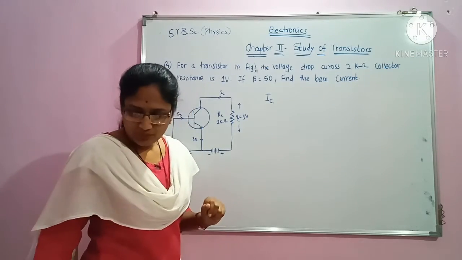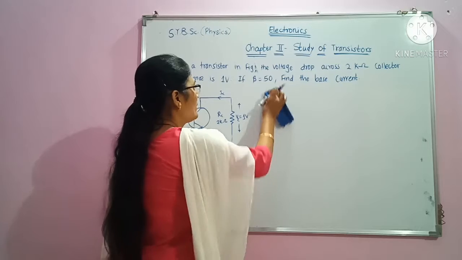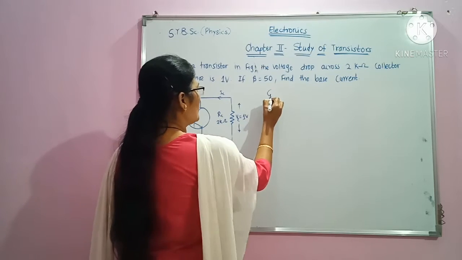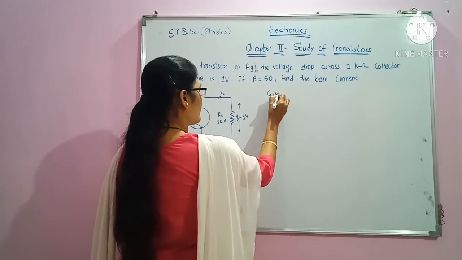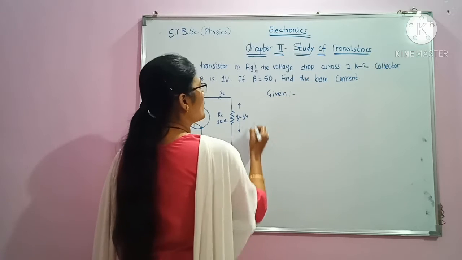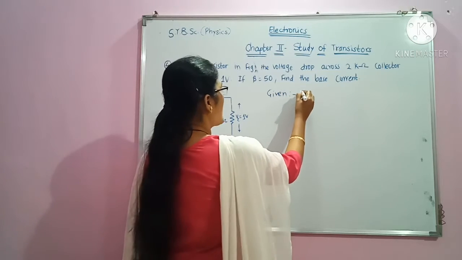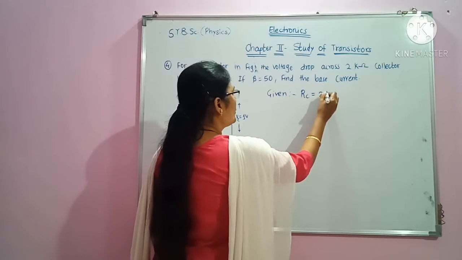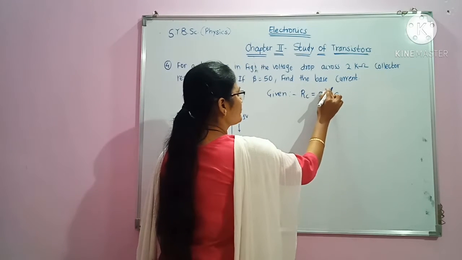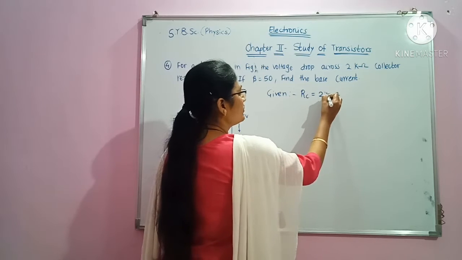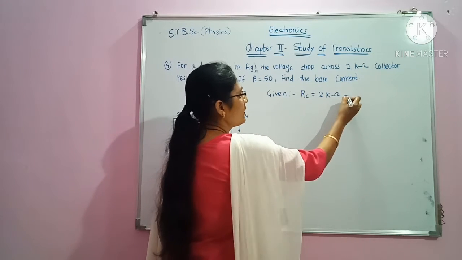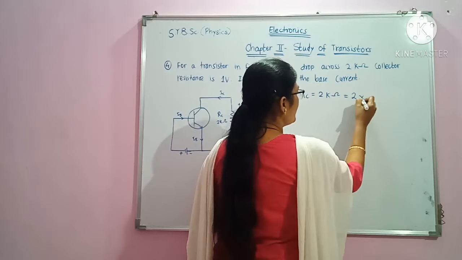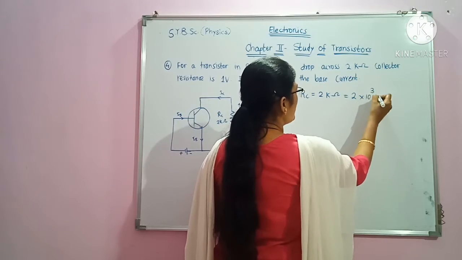So before that we will write here the given things. Given: resistance RC is given and its value is 2 kilo ohm, and 2 kilo ohm means 2 into 10 raised to 3 ohm.